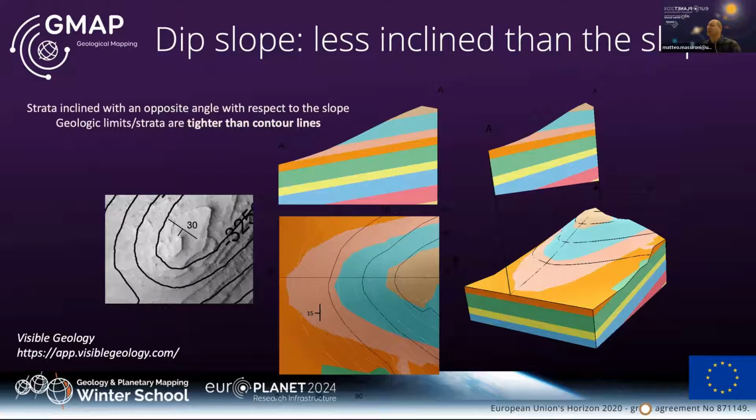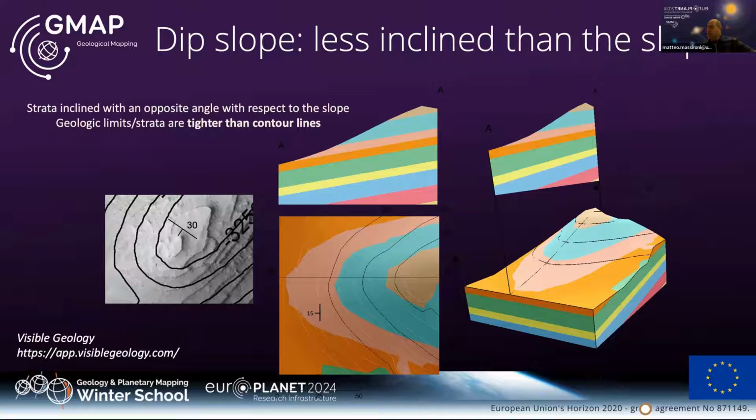And in this case, we still have the unit contacts transecting the contour lines. But in this case, the contacts are tighter and emphasizing the contour lines. How much they could be emphasized, again, depends on the inclination.